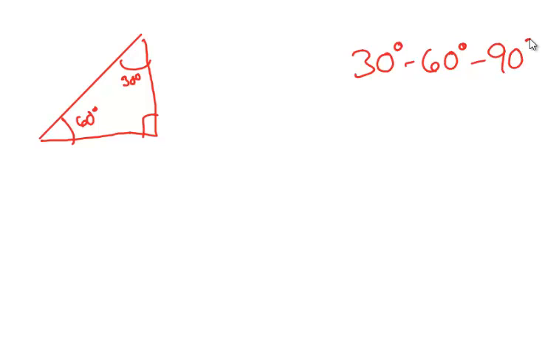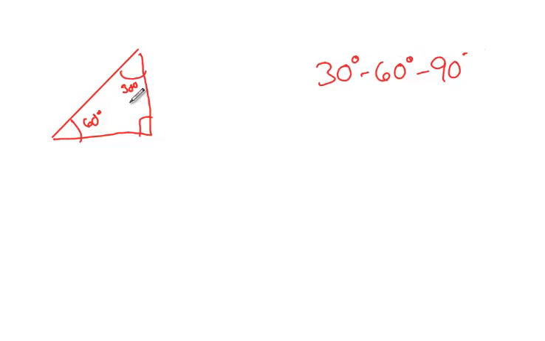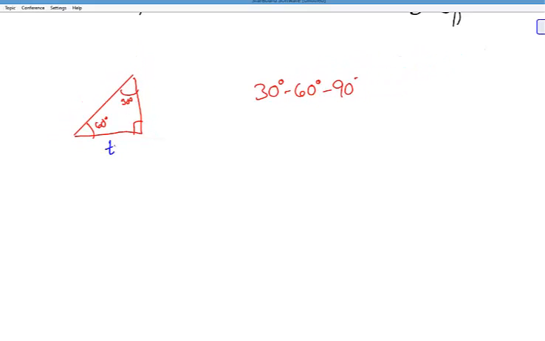When we're looking at this, there's a rule for the 30, 60, 90 degree triangle. The rule states that the side opposite the 30 degrees is our t. The side opposite our 60 degrees is t times the square root of 3.